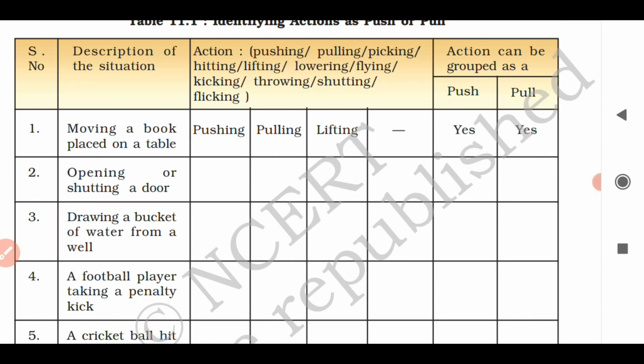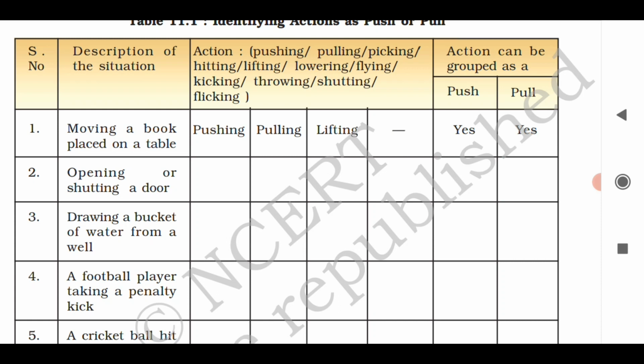Moving a book placed on a table. So what is the action involved in moving a book placed on a table? Actions like pushing, pulling, picking, hitting, lifting, lowering, flying, kicking, throwing, shutting, and flicking are given to you. The actions involved in moving a book placed on a table are pushing, pulling, lifting. We can push the book placed on a table so as to move it, right?